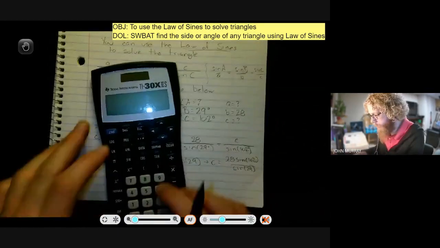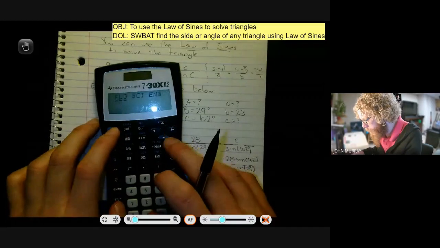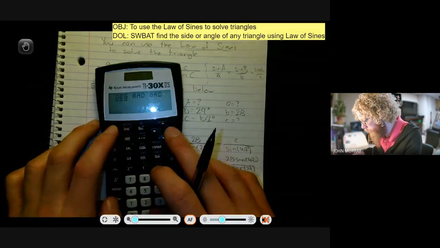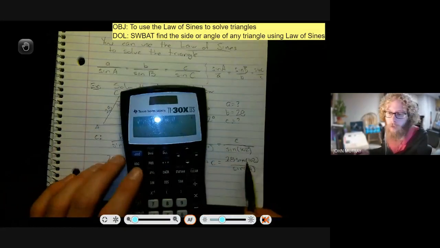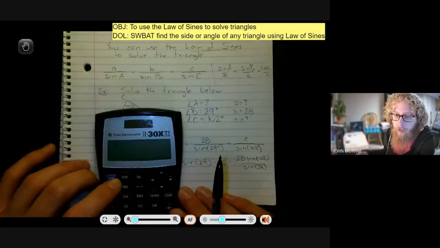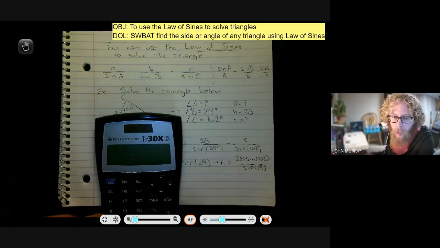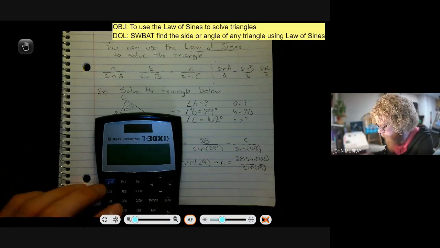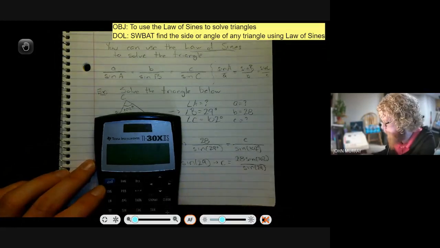So let's do that. First let me make sure we are in degree mode. Always make sure you're in degree mode if you're dealing with degrees, otherwise your answer will be way off. So I'm going to put in parentheses 28 times the sine of 102, close my parentheses twice, divided by the sine of 29.